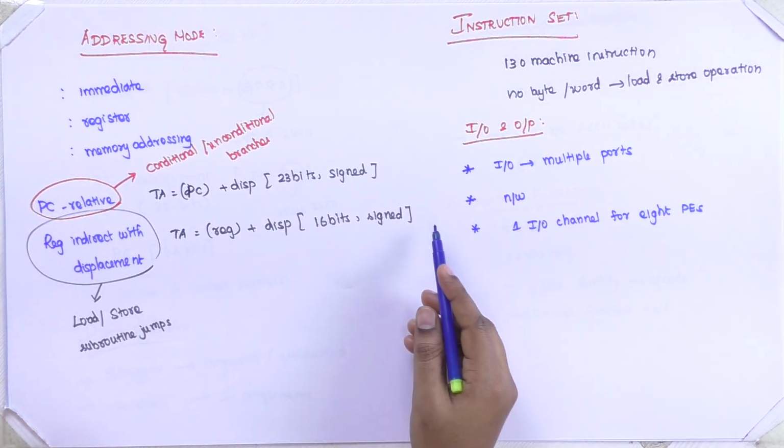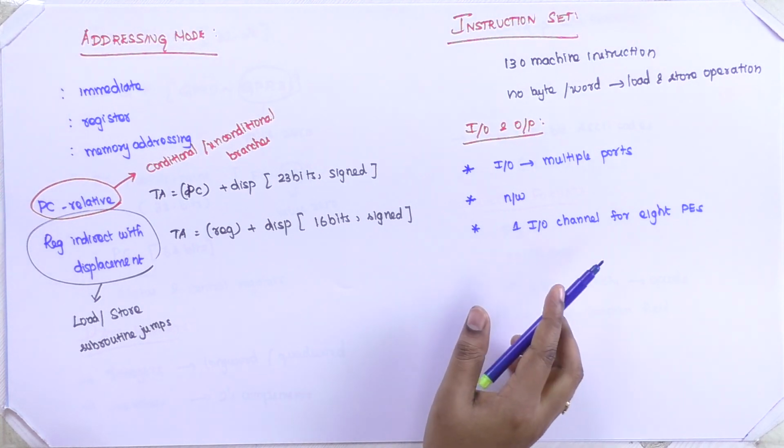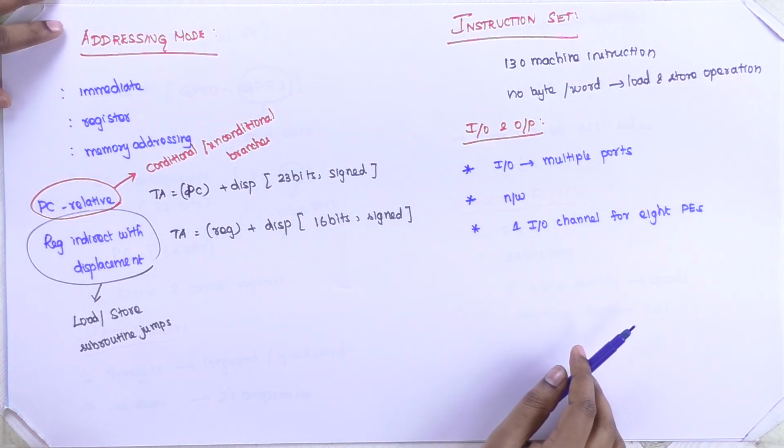So we have seen all the hardware features. That's all about the Cray T3 architecture. In our unit 1 we have seen 6 different architectures. SIC architecture is the basic architecture. Then SIC/XE is the next upward compatible model.